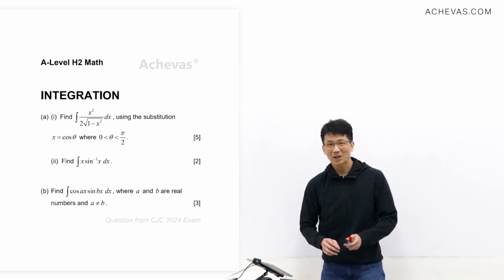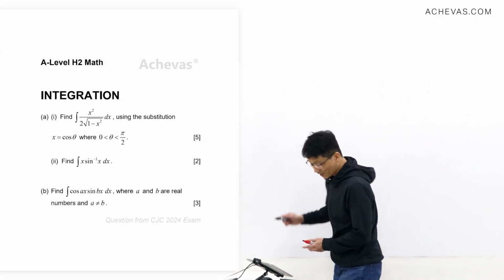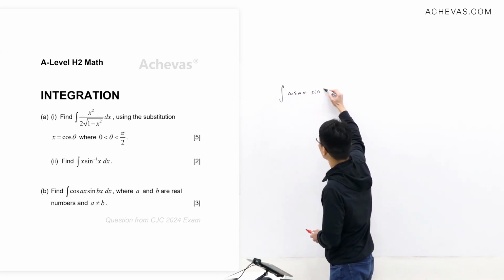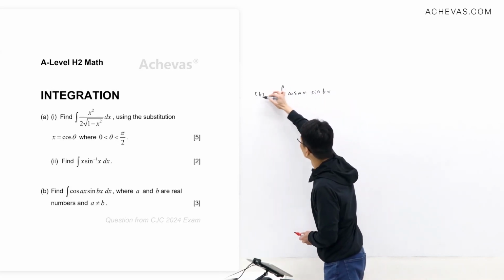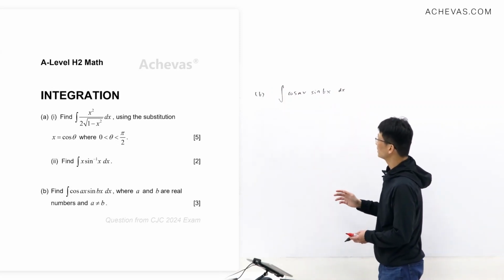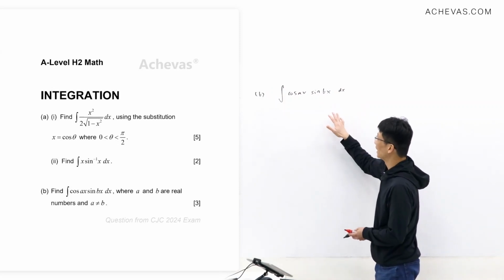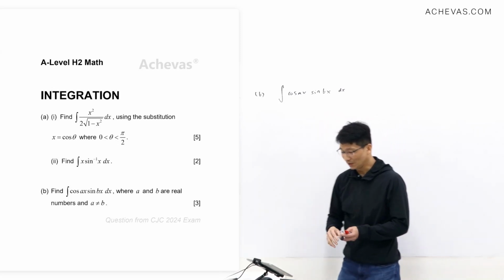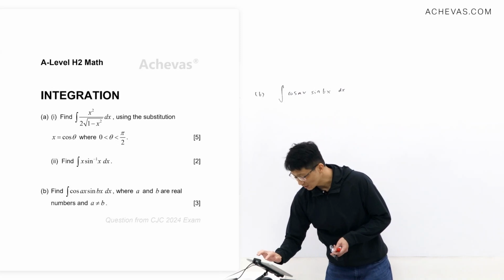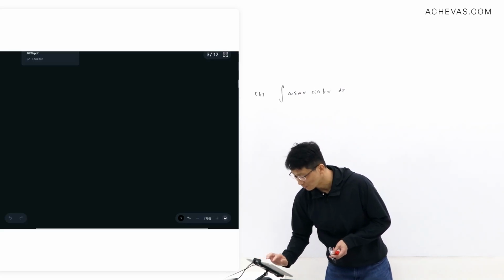Okay, so let's take a look at part B of the question. Find integration of cosine ax sine bx dx. For this particular type of question, we can recognize that we won't be able to integrate this unless we change the form into an integrable form using the factor formula from the formula list. So let's take a look at the formula list.